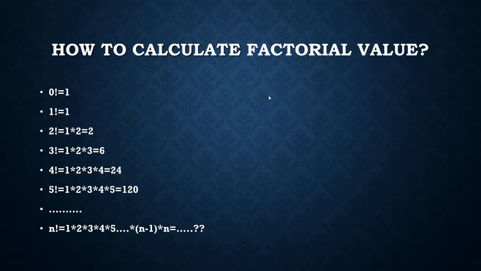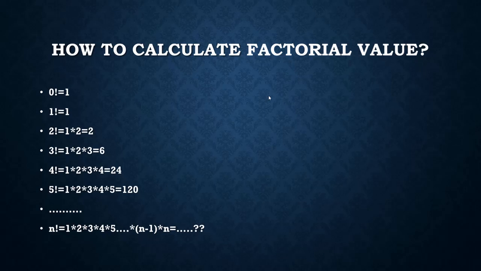The answer is 120. How about factorial n? It is 1 multiplied by 2 multiplied by 3 and it goes till n minus 1 multiplied by n. And don't forget, factorial 0 is 1 also.